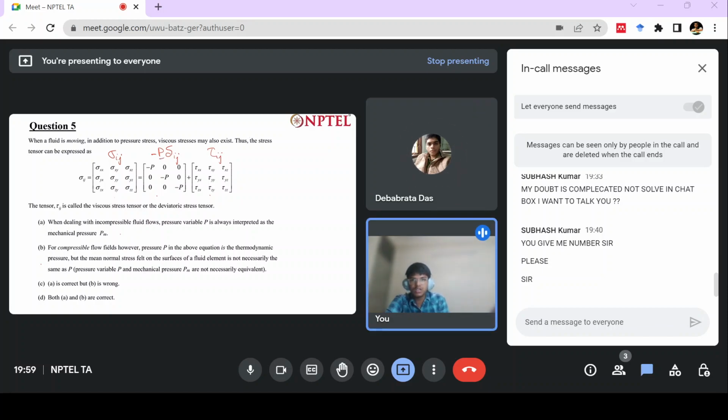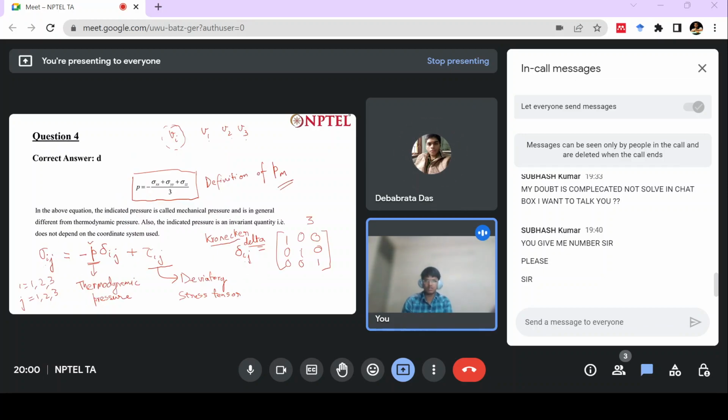But it has a very specific condition here, that is incompressible fluid flow. What we have here is that from tau ij we do not have any component which fulfills this condition. So basically we come back to this equation.